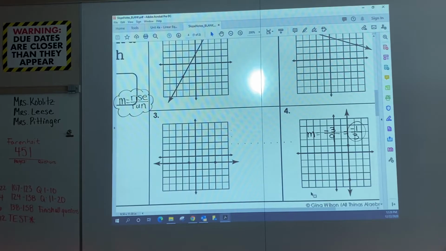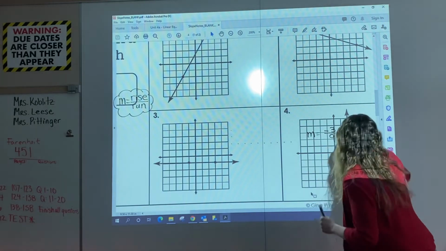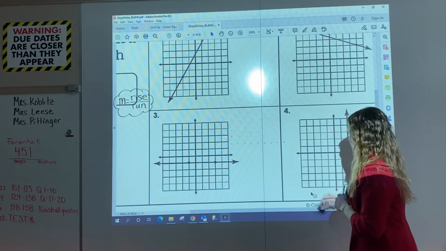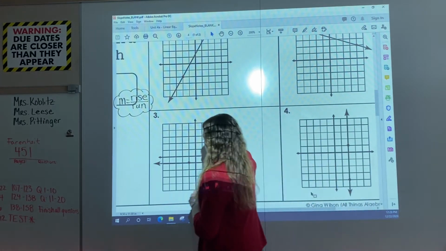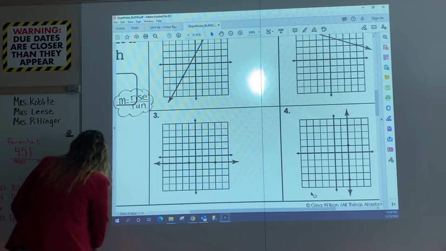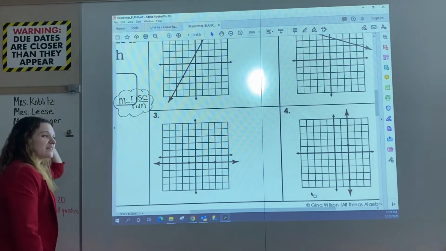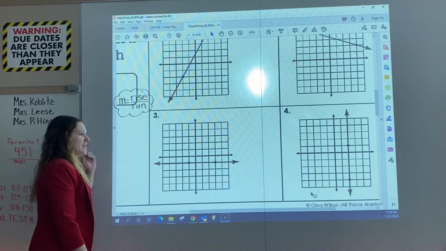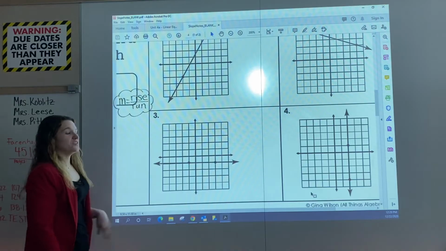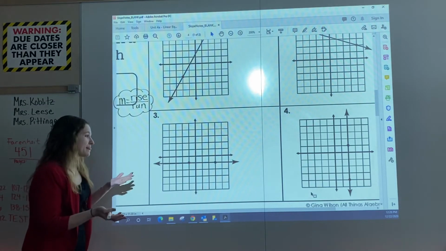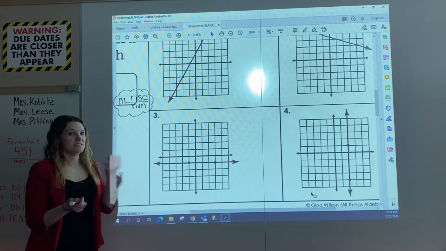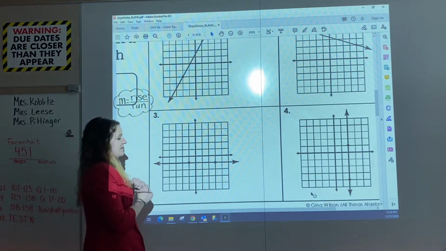All right, numbers 3 and 4. Alrighty, so number 3 is a little bit different. If we look above, I know that it says a certain slope, either 0 slope or undefined.